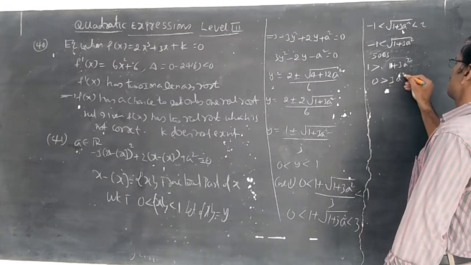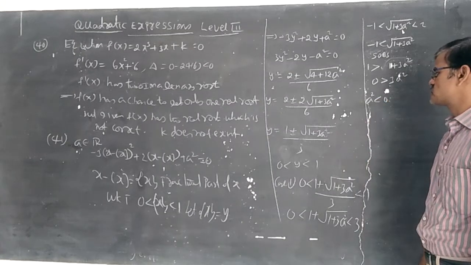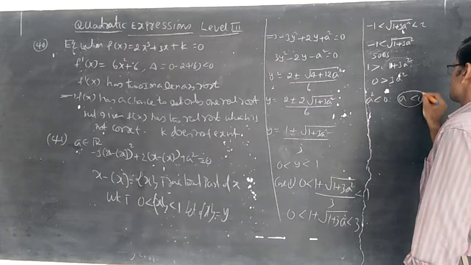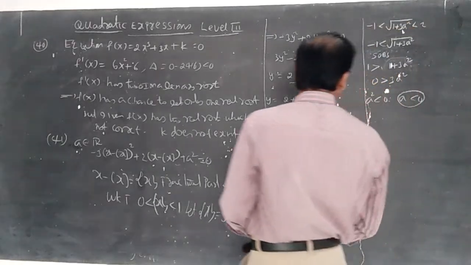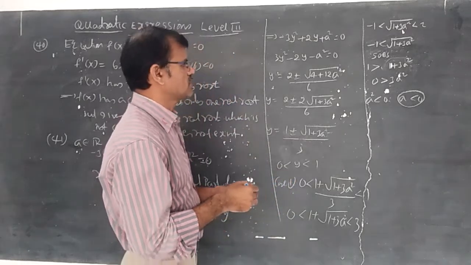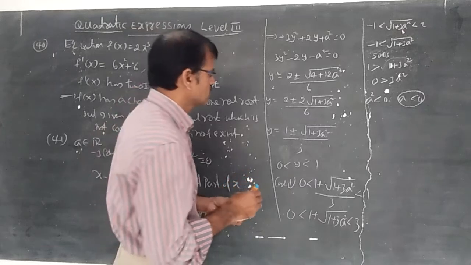So 0 greater than 3a square, a square less than 0. Every square is positive, so it is not correct. A less than 0, this is wrong. If a is 0, then 0 greater than a square is wrong.